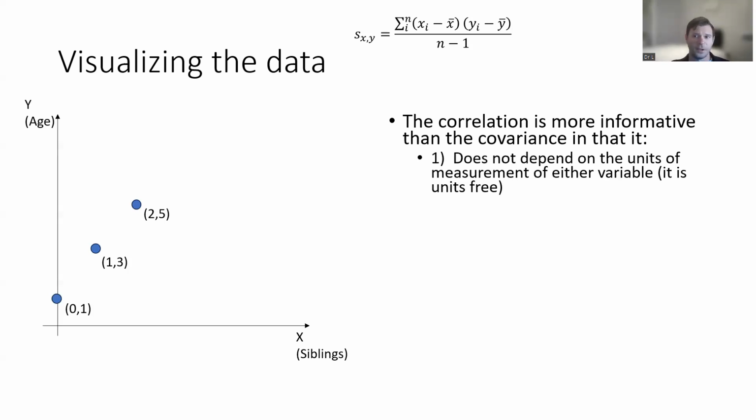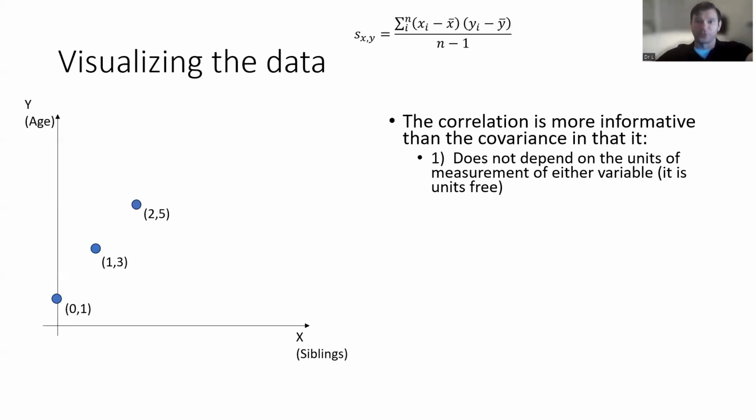First property of the correlation that we want to talk about is that it actually does not depend on the units of measurement of either variable. It's a units-free metric, which right away is going to remove some of the problems that the covariance metric had.